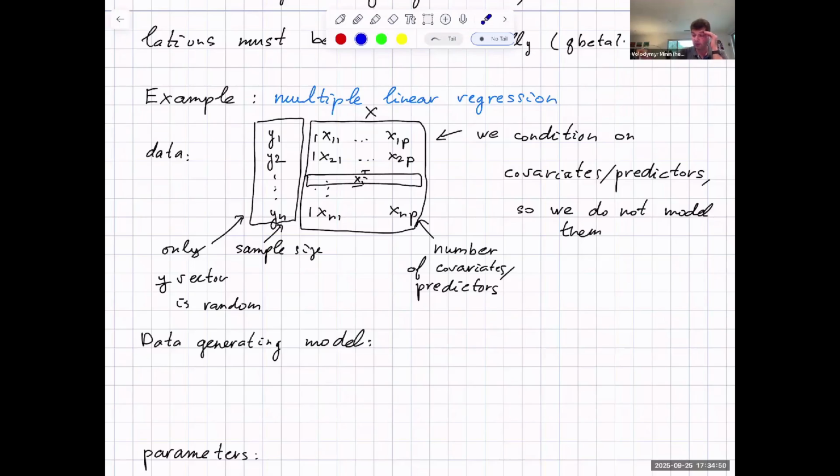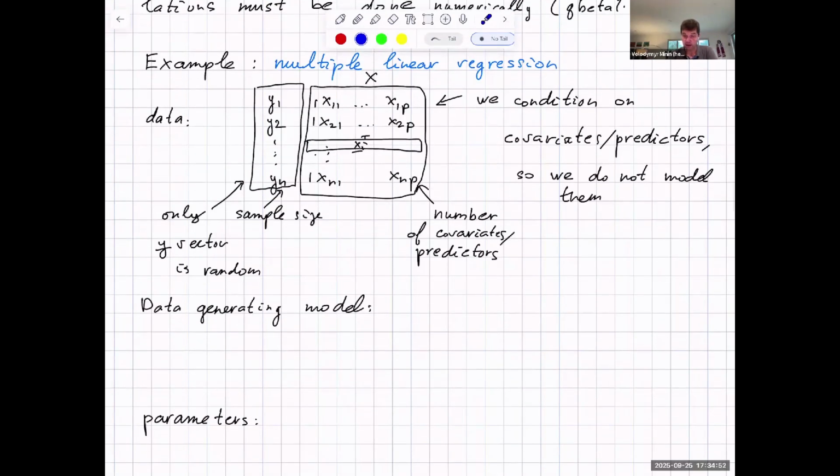The simplest model is multiple linear regression. In our data generating model, we would say y_i is a linear combination of these covariates: beta 0 plus beta 1 x_i1, that's feature 1 from individual i, plus and so on up to beta p x_ip, because we have p features or covariates, plus some error.